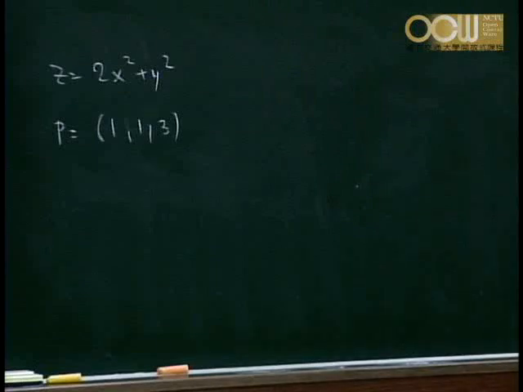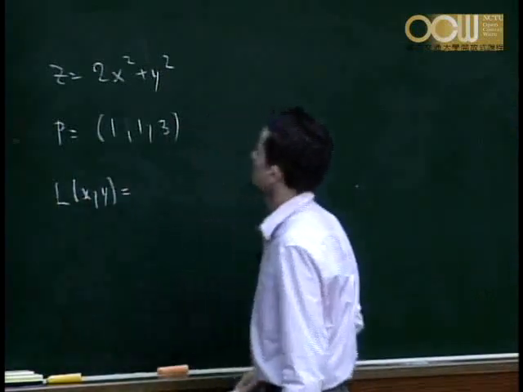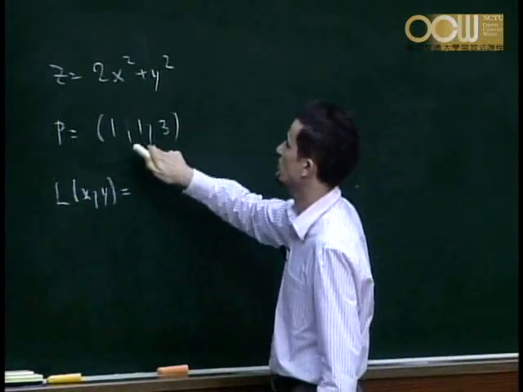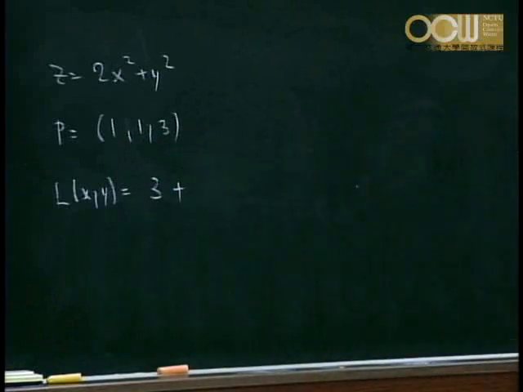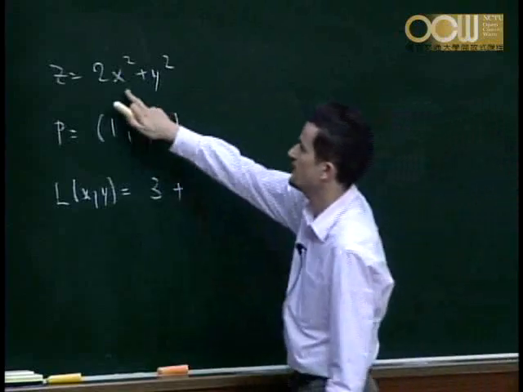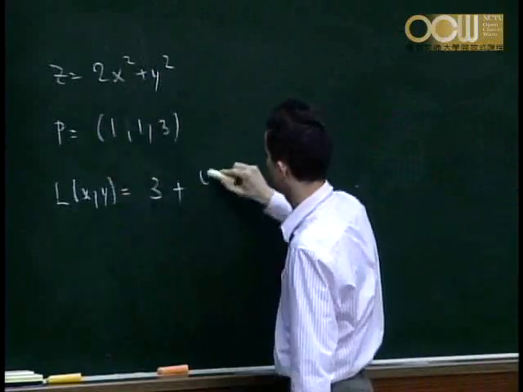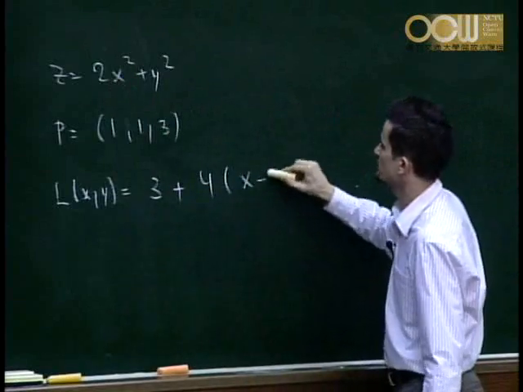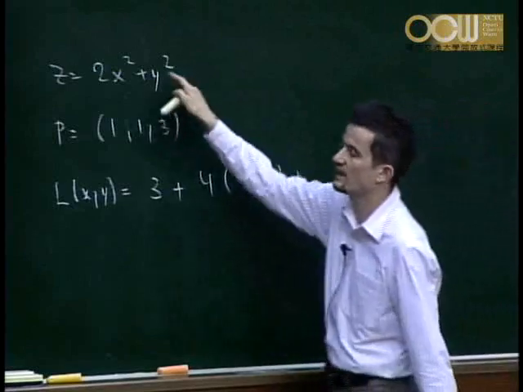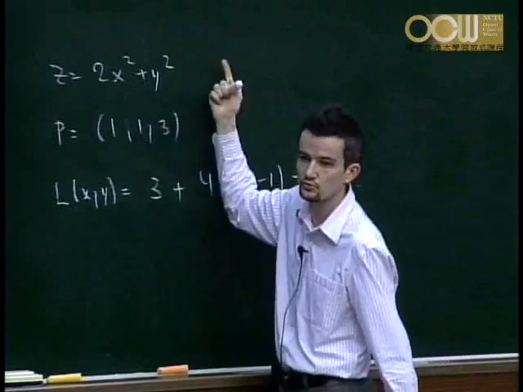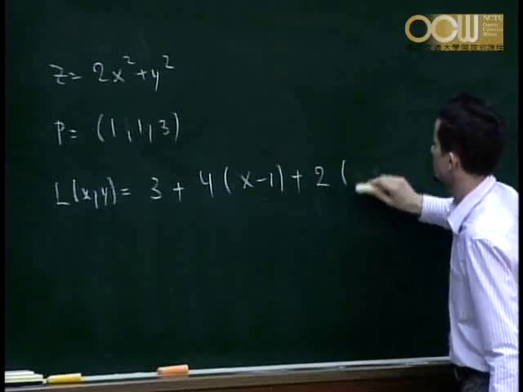Everything is the same. We have to evaluate the function at the point (1, 1), which is 3, plus the partial derivative with respect to x, which is 4x evaluated at 1, which is 4, times (x minus 1), plus the partial derivative with respect to y, which is 2y evaluated at the point, which is 2, times (y minus 1).